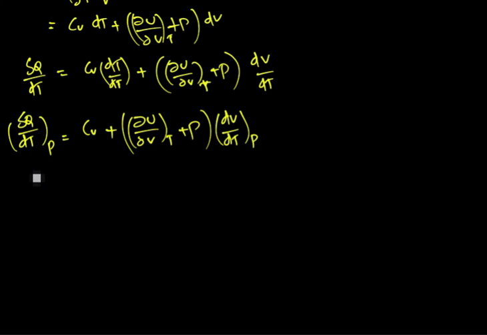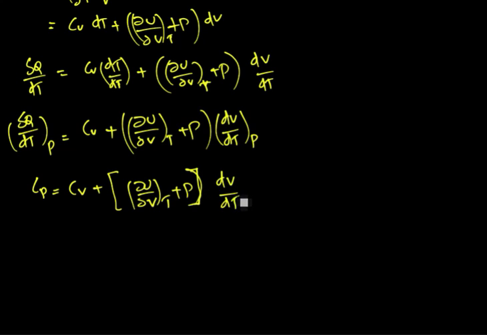So del Q by dT at constant pressure, which is Cp, is equal to Cv plus dou U by dou V at constant temperature plus P into dV by dT at constant pressure.